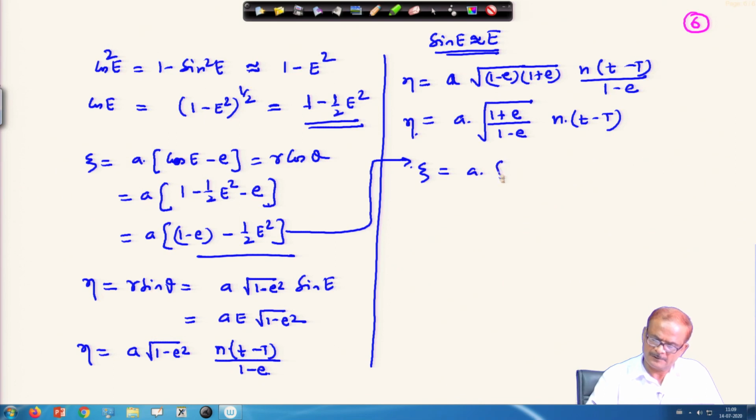This will become a(1 minus E) and minus 1 by 2 n square (t minus t square) divided by 1 minus E square.